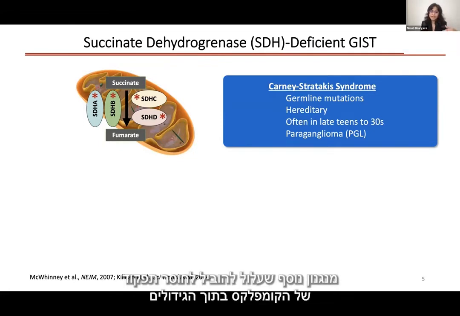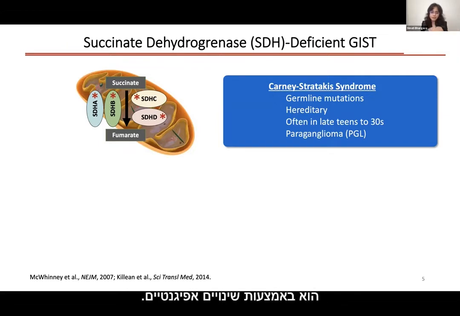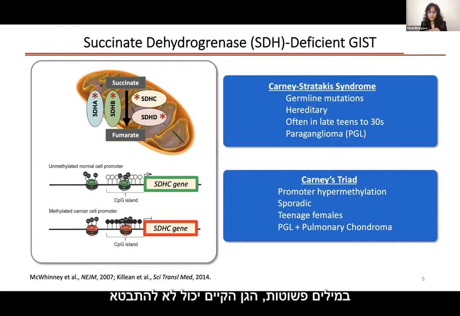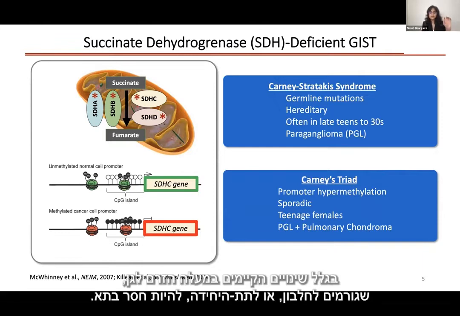Another mechanism by which the complex may not work in the tumors is by epigenetic modifications. To simplify, the gene that is present may not be expressed because of certain modifications upstream of the gene, which causes the protein or the subunit to not be there in the cell.